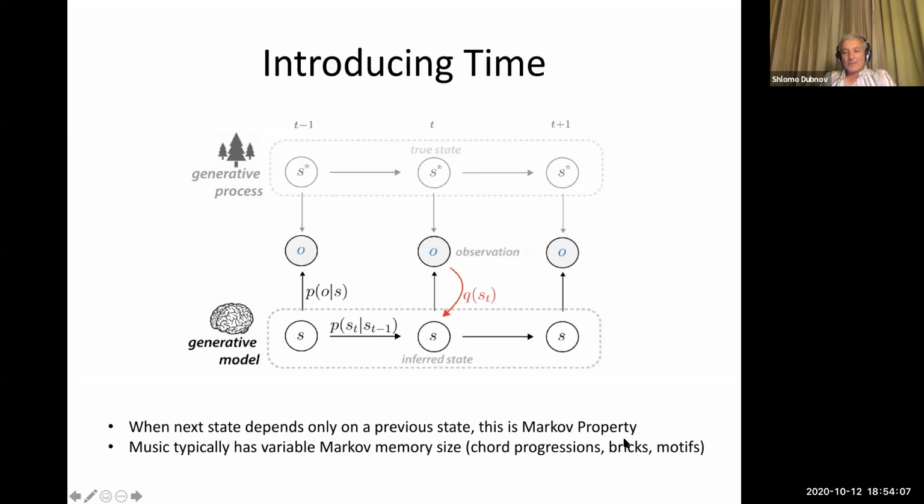And actually, in jazz chord progressions, there's this concept of bricks that some people use, which are really like connections of blocks of progressions. And also melodic motifs. You can have phrases, you can have motifs, you can have melodies, and responses.